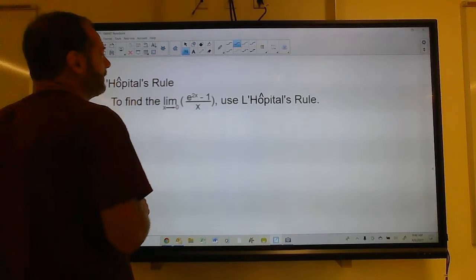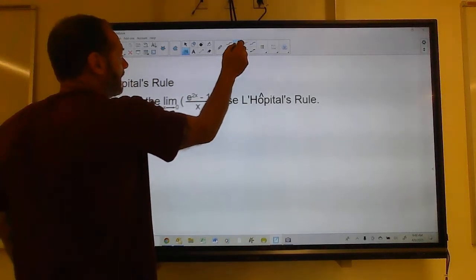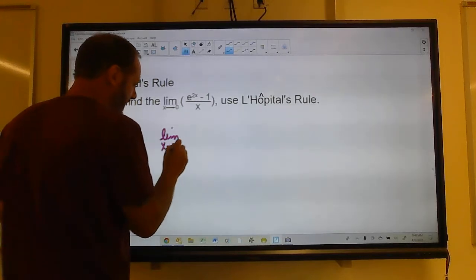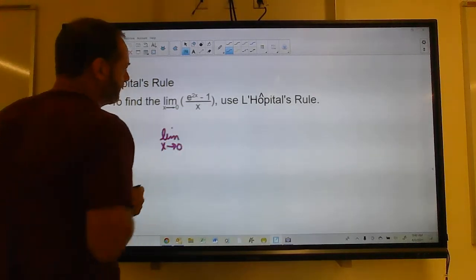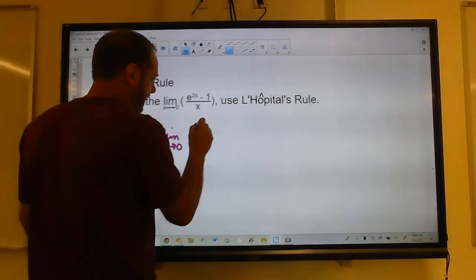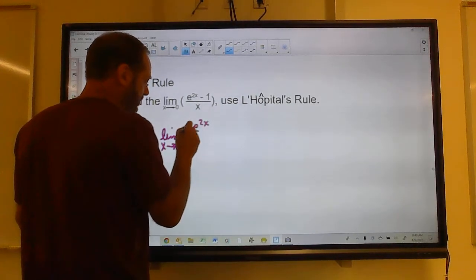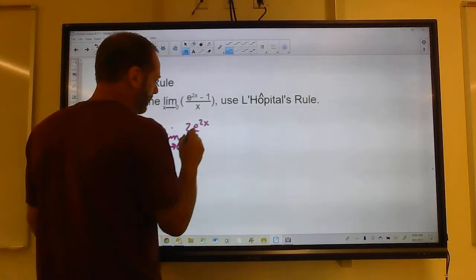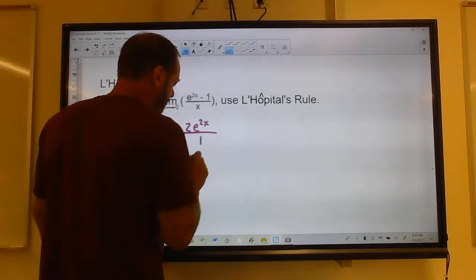All right, so let's try taking the derivatives. So we'll change this to the limit as x goes to 0. Now, what's the derivative of e to the 2x minus 1? Well, that's e to the 2x times the derivative of 2x, which is 2, minus the derivative of 1, which is 0, and the derivative of x is just 1.